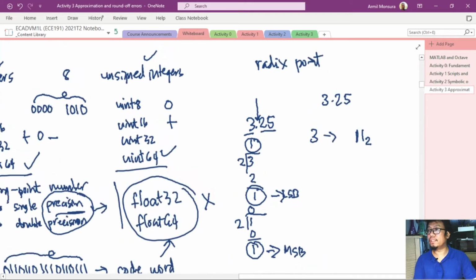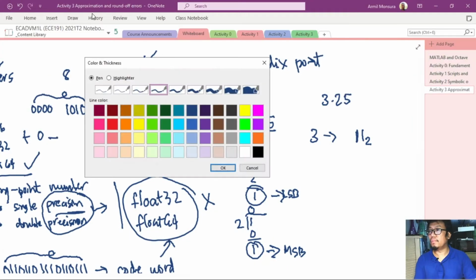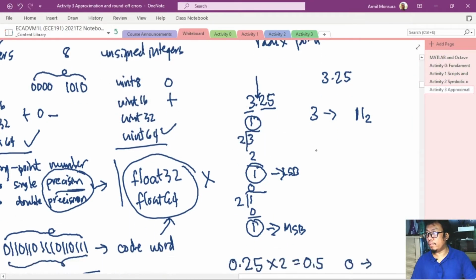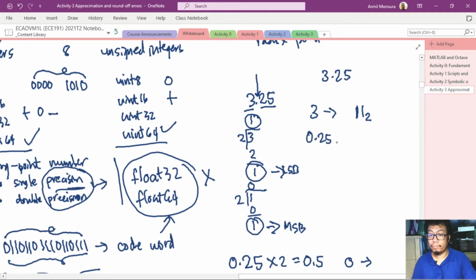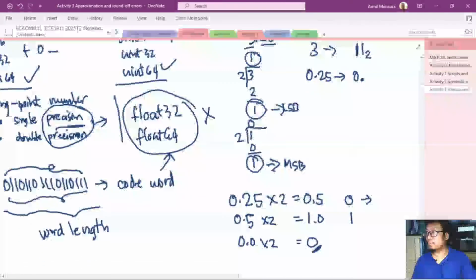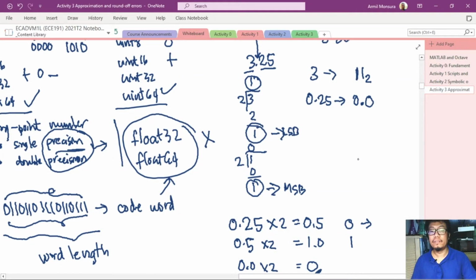Which means that if we write 0.25 of base 10 in binary, if this is the radix point, let's put in 0 here, the 0 is the first number closest to the radix point, followed by 1. So this is now 0.25 in base 2. Therefore, 3.25 in base 10 is 11.01 in base 2.